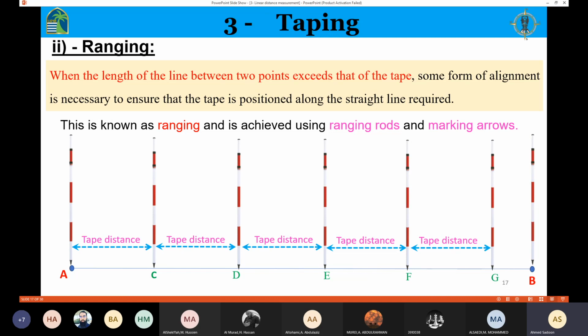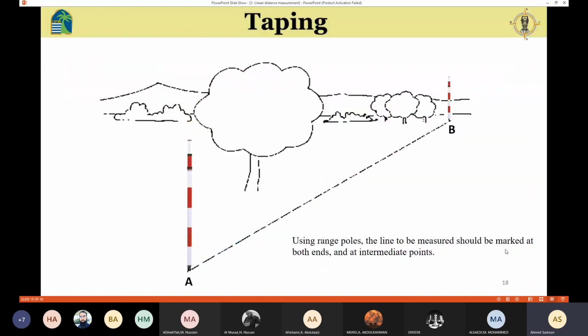And another intermediate point, and finally the last intermediate point. So how are we going to make sure that these intermediate points are aligned with the straight line AB? In this process, we are going to use ranging poles.